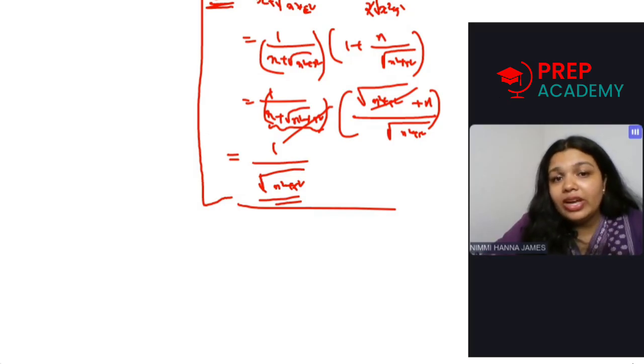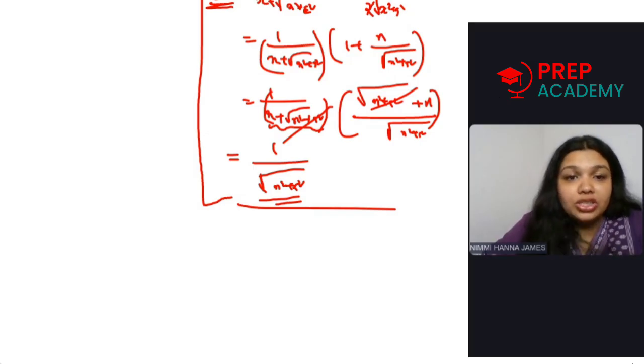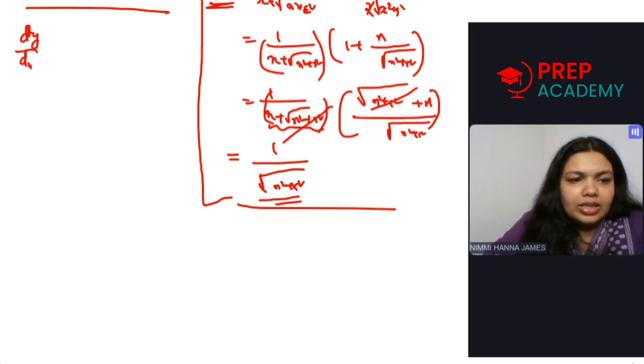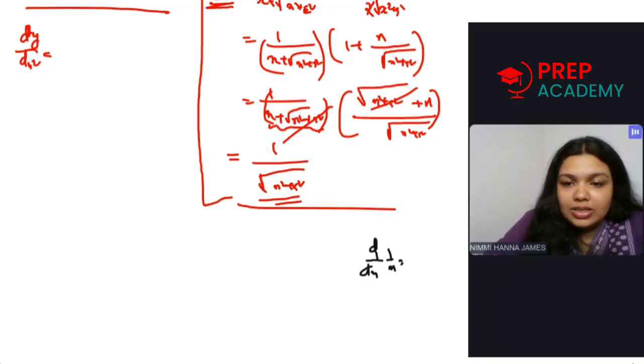We want d square y by dx square also, that is, we want to differentiate it one more time. So d square y by dx square is equal to d by dx of 1 by root of x square plus a square. What was the differential of 1 by x? d by dx of 1 by x is minus 1 by x square.